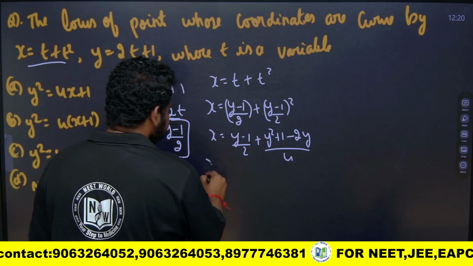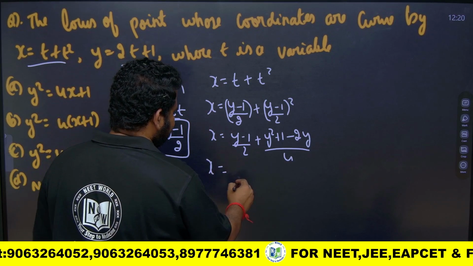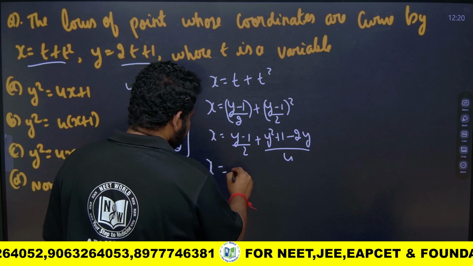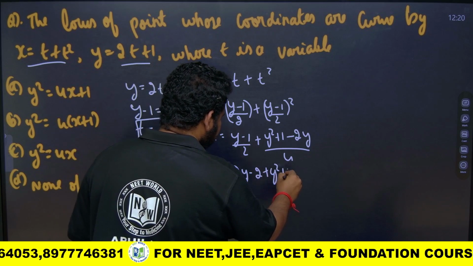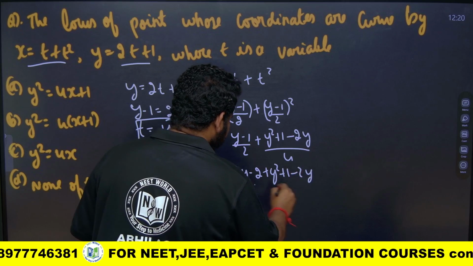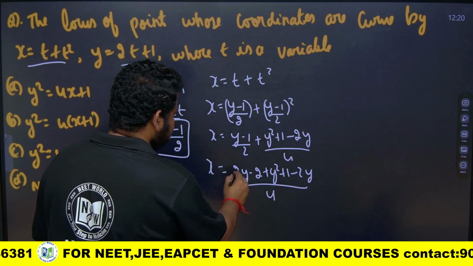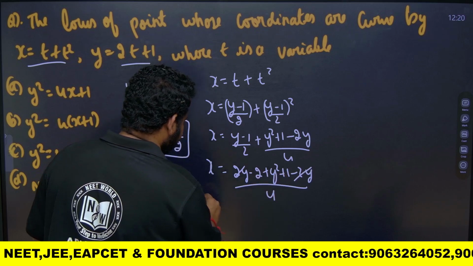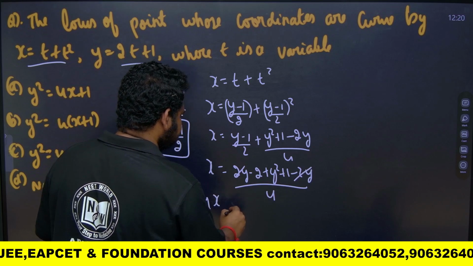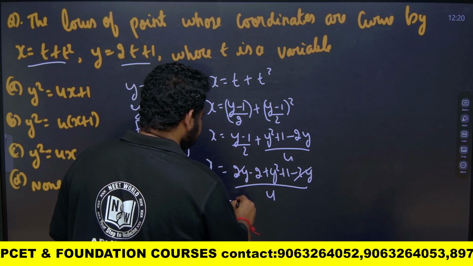Now if I take LCM, the LCM will be 4. This will be 2y minus 2 plus y square plus 1 minus 2y by 4. Plus 2y minus 2y cancels. So minus 2 plus 1. This will be 4x is equal to y square.